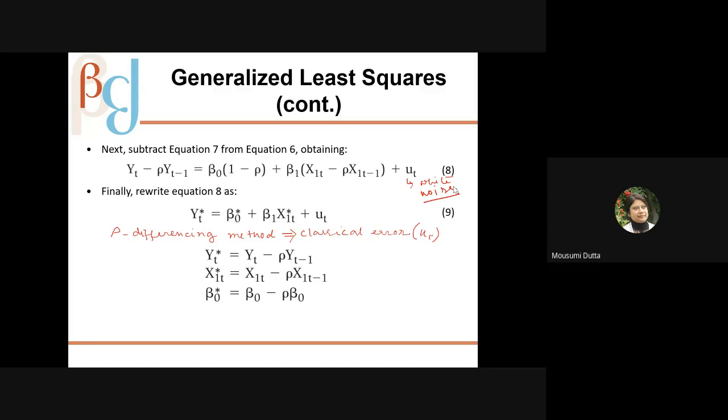If the value of rho is equal to 1, the regression equation can be written in this format.